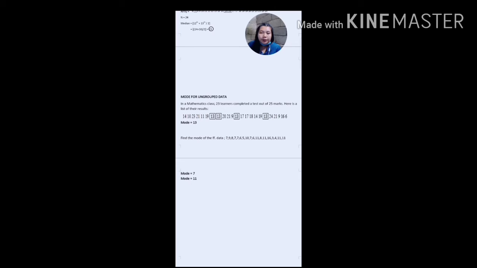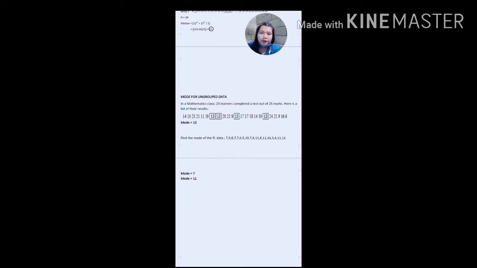Mode for ungrouped data. In a mathematics class, 23 learners completed a test out of 25 marks. Here is a list of their results. So 13 is our mode in this data set, since it is the number that appears most often. Second, find the mode of the following data.